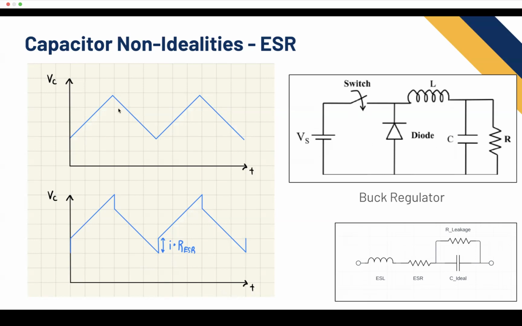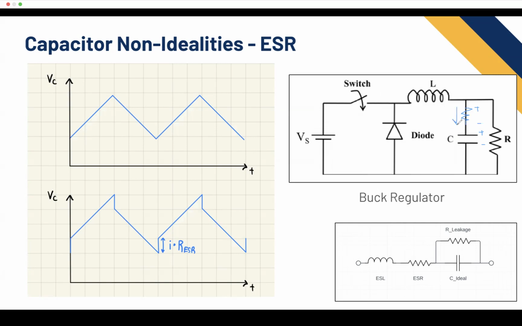Let's draw the ESR in there. You have the ESR here. And now our capacitor polarity, or the charge on it, will look like that. Then the charge on this one will look like this. I'm not actually sure if this is accurate with the converter topology that I took a screenshot of, but yeah, it should be.